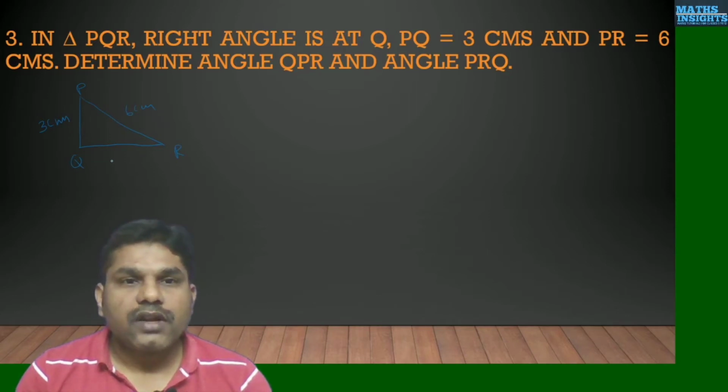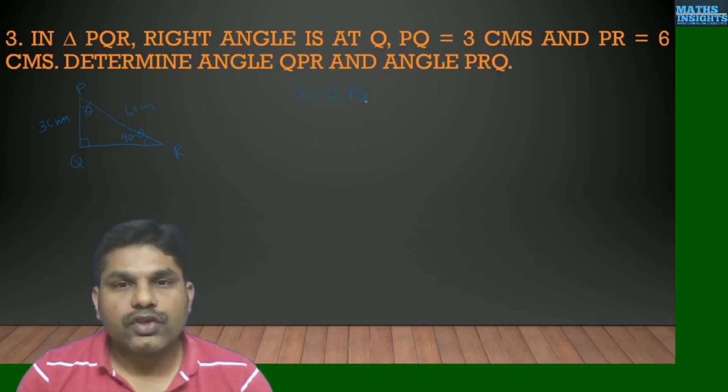Now they are asking to find angle QPR. QPR means this angle. Okay, this is 90, they are clearly saying. If you let it be theta, then the other angle will become 90 minus theta. Therefore, in triangle PQR, angle Q is clearly given as 90 degrees.